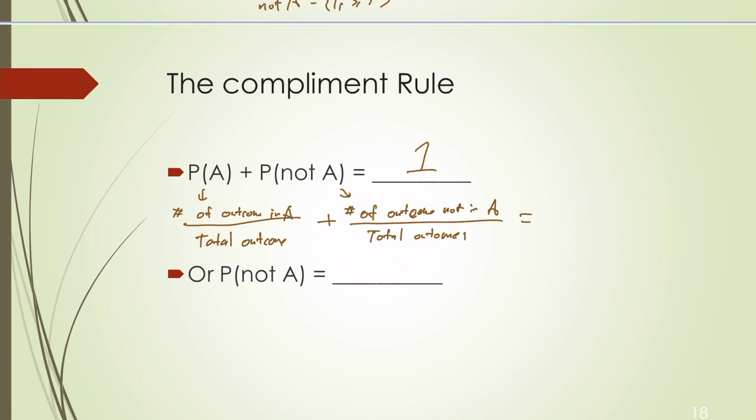And if I add those together, I get all of the outcomes. Okay, that's a way of thinking about it if we could use the theoretical approach to the probability of A, which we can't always do, but the idea is the same. The probability of A not occurring is going to be 1 minus the probability that A will occur.